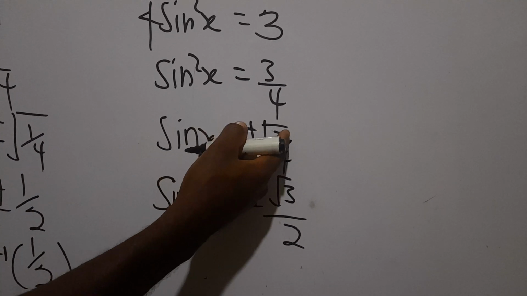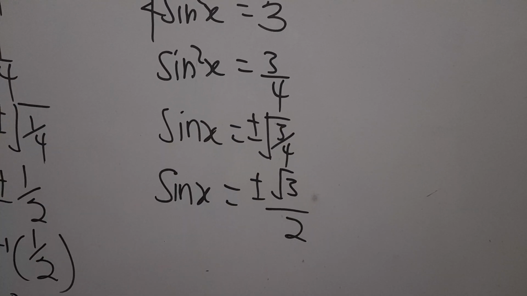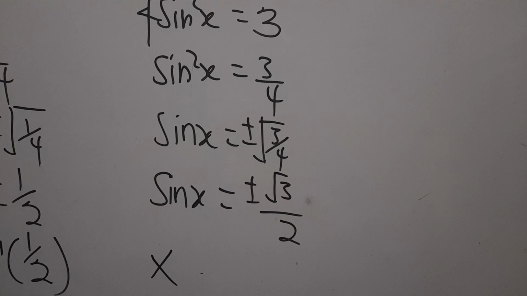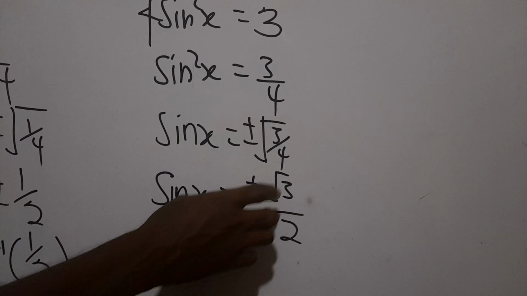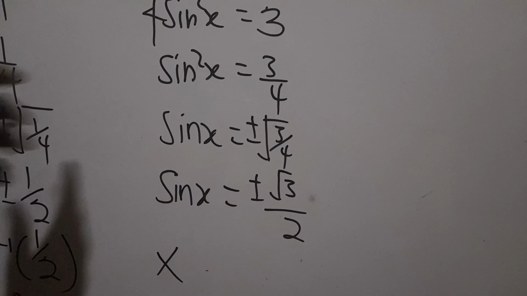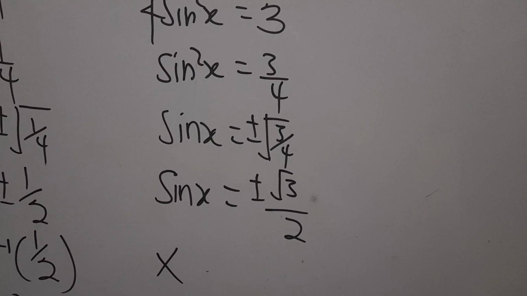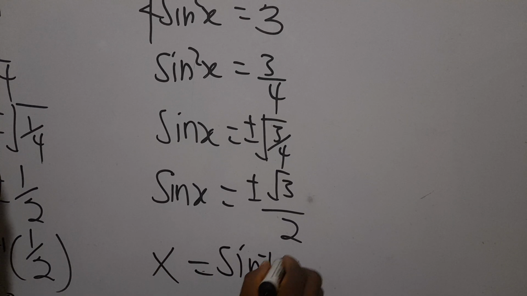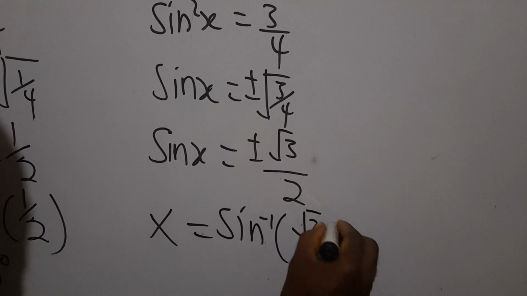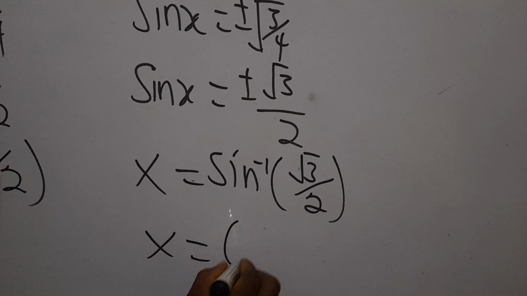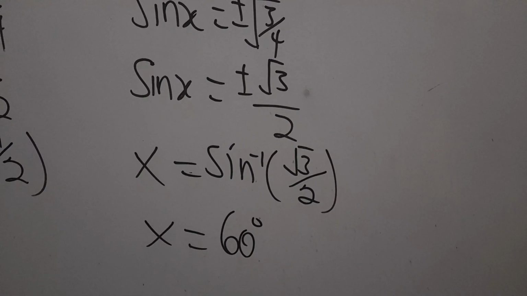The square root of 4, remember, is 2. So we are going to get 4 different values for x again, since it's positive and negative. Remember, it's positive in 2 quadrants and negative in 2 quadrants as well. So for x, first we find sine inverse of root 3 over 2, and that will give us 60 degrees.